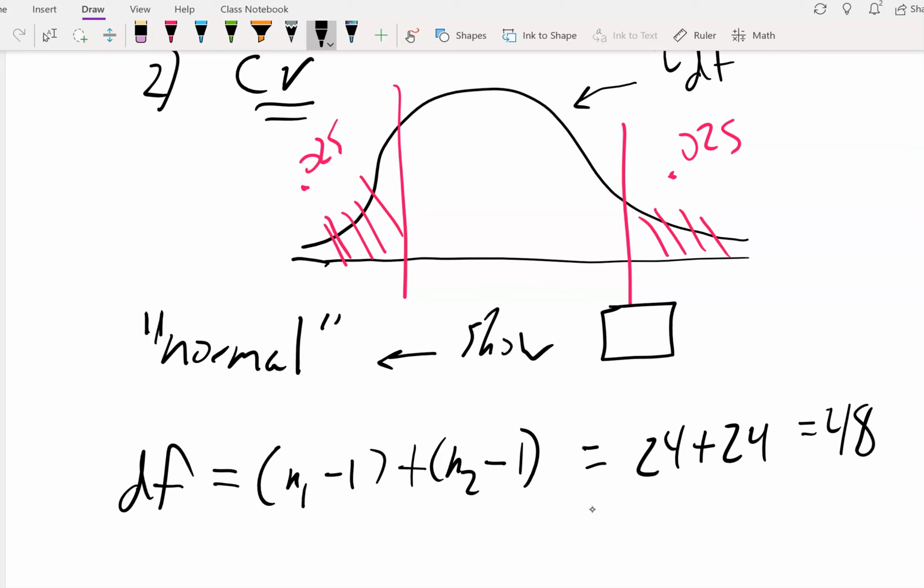So that's the t-curve I'm looking at, t-curve 48. Remember, the degrees of freedom just tells me exactly which curve I'm picking on. There's a t-curve for each degrees of freedom, and depending on the degrees of freedom, it's how close the t-curve is to the z-curve. The z-curve, the normal curve, is the perfect curve in some respects, but the t-curve is very similar. That's why I drew a picture.